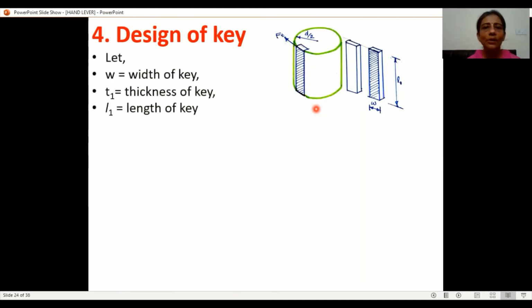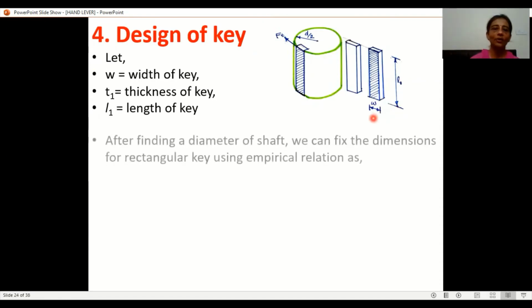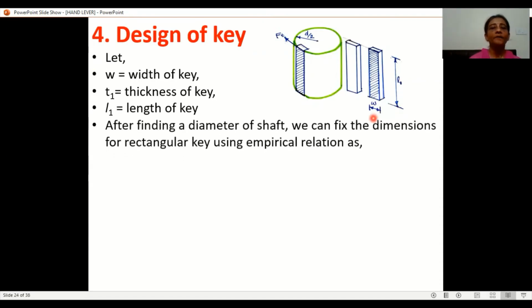So let W be the width of the key, T the total thickness of the key, and L1 the length of the key. We have to use empirical relations for fixing the dimensions of width and thickness.